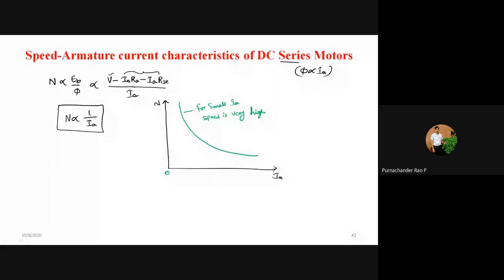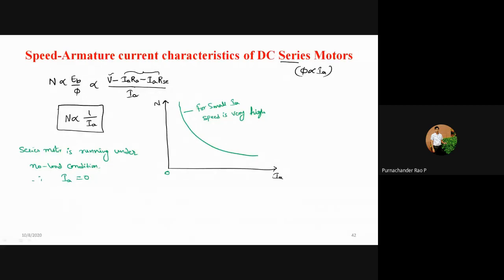Let us assume that the series motor is running under no load condition. That means your current IA will be equal to 0.